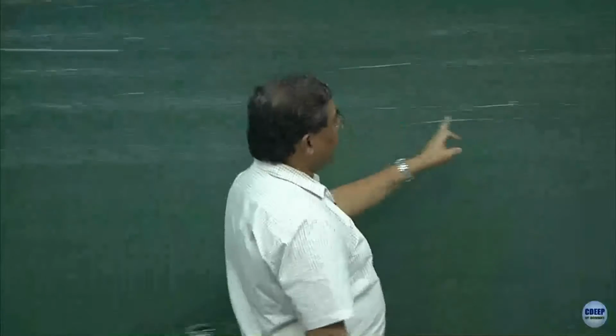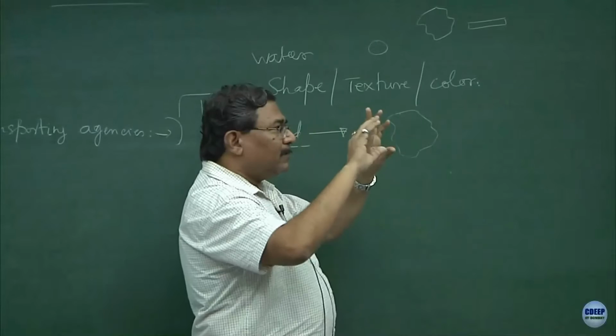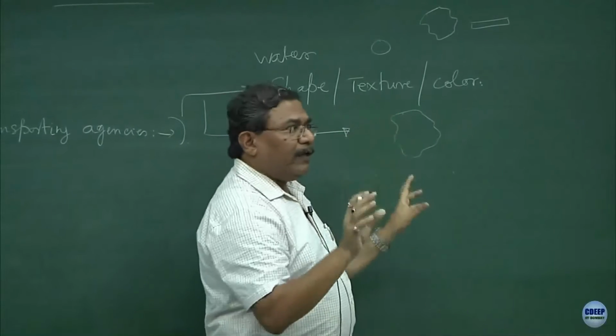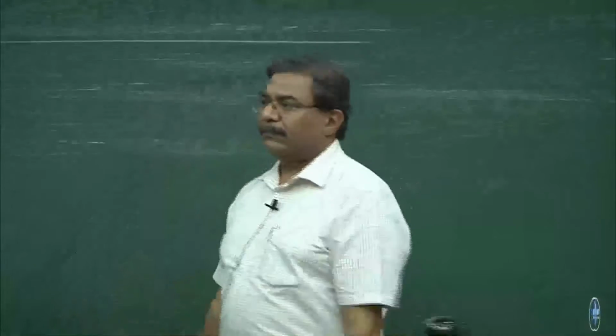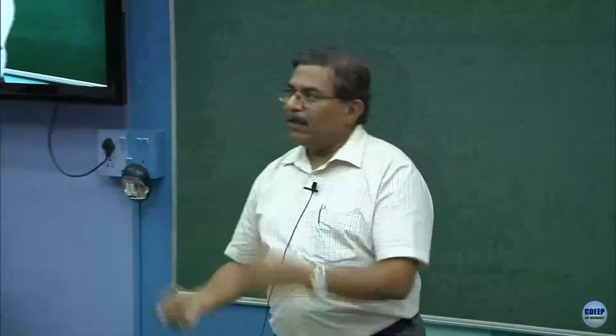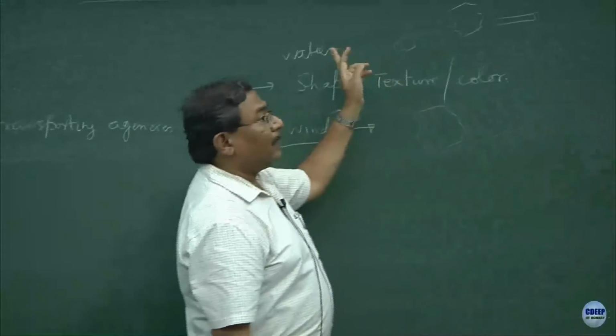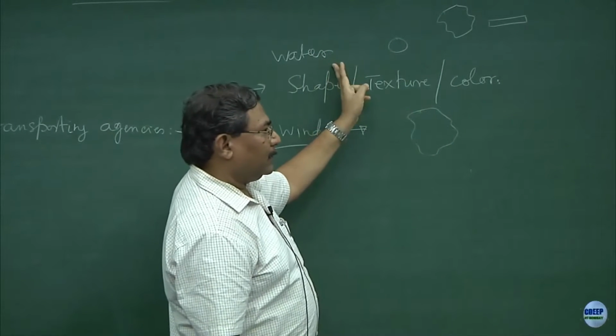So, when wind is playing a role, particles are going to be mostly not very rounded, number one, they are going to be lighter, so that they may become airborne, otherwise they will not get lifted up, alright. So, these particles are going to be lighter as compared to the particles which are being carried or transported by water.